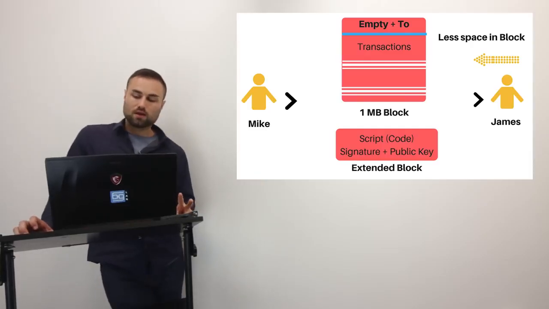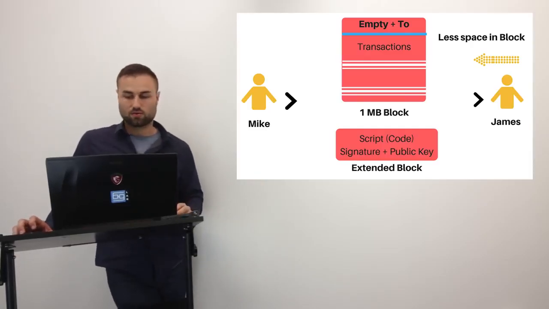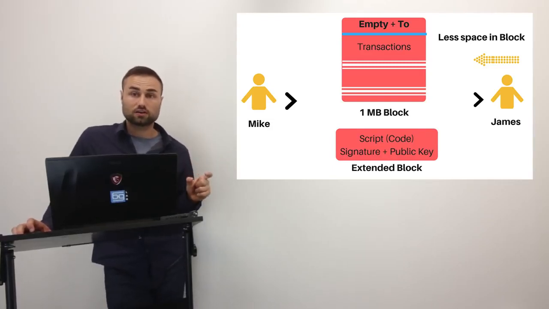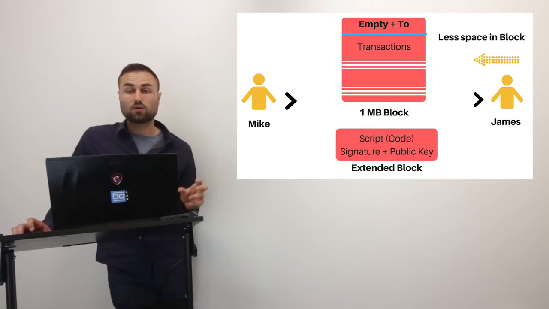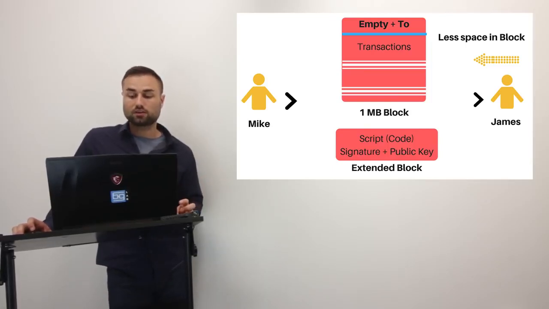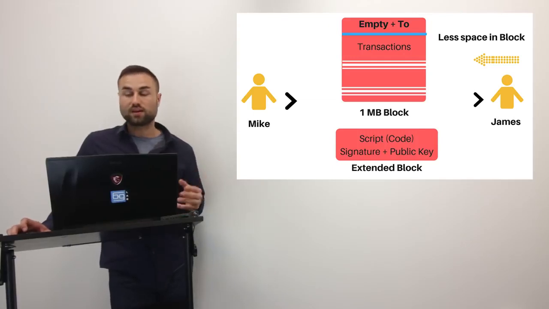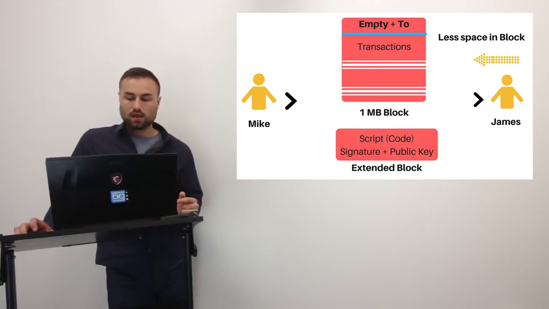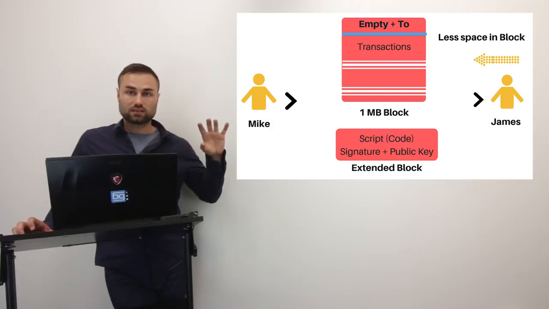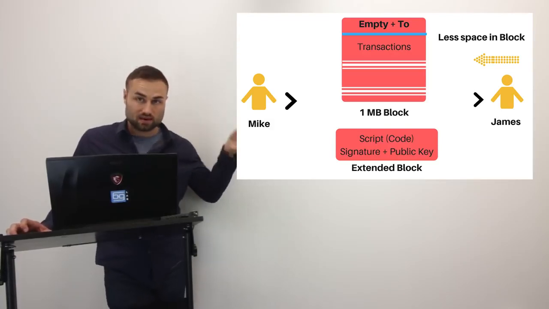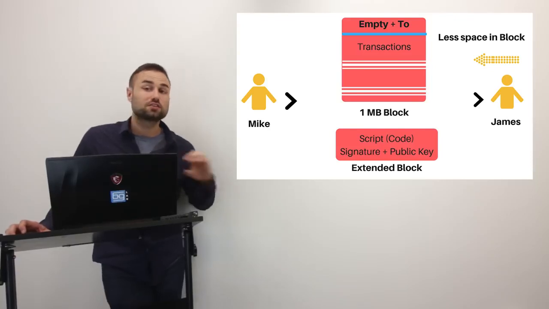So if Mike wants to send James a Bitcoin, traditionally it would be a signature to James, but in this case, the signature is actually empty. The only information going into that original block is just the receiver's information, which is James. So one block just has the information of James, and then there's going to be an extended block which has just the script.